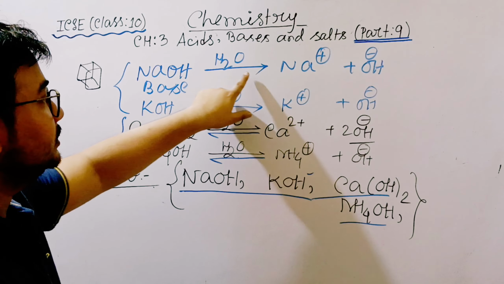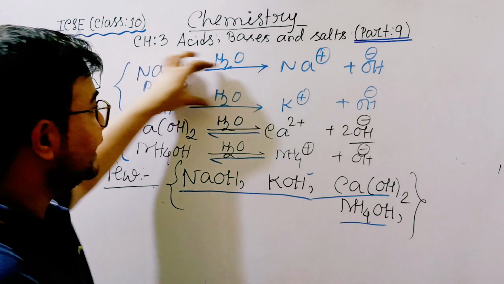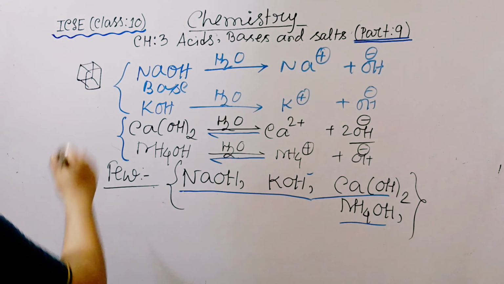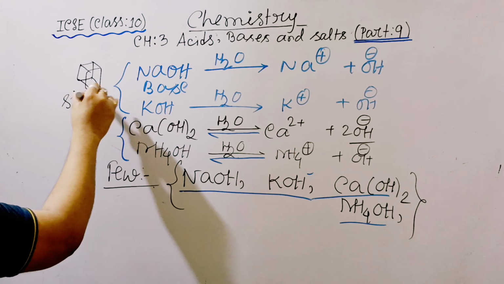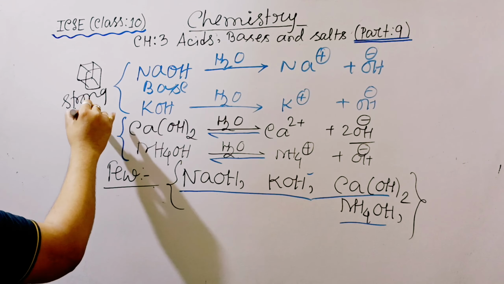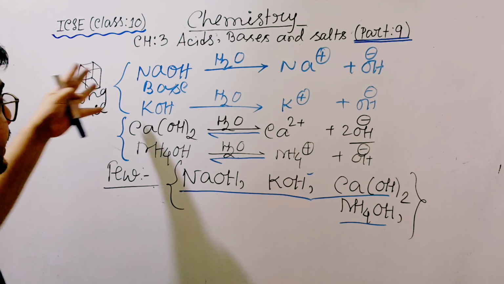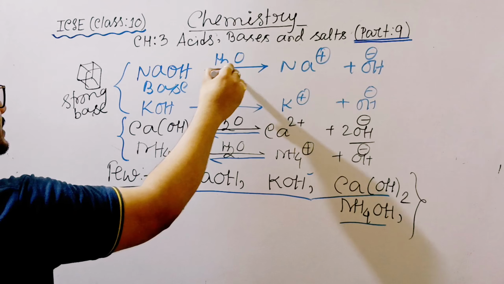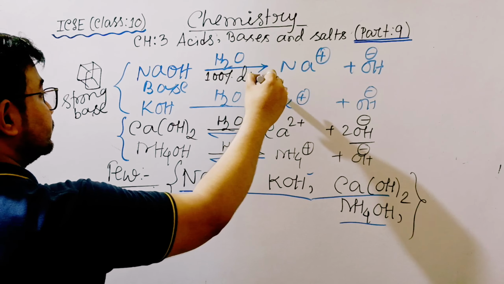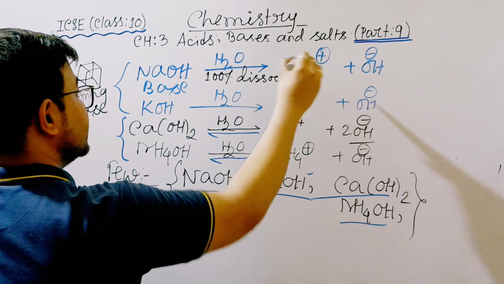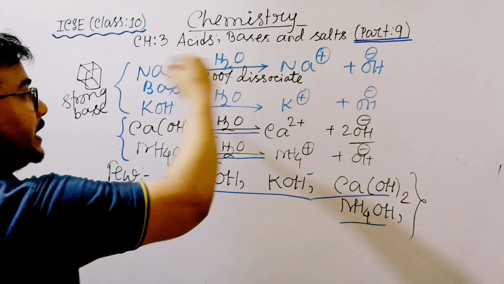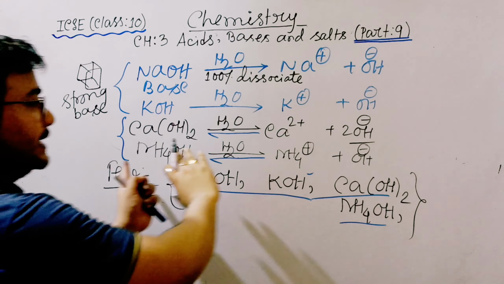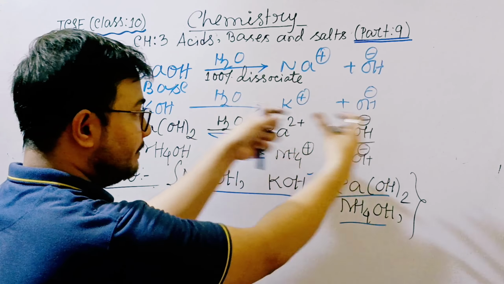So if we use a single arrow, only cleavage, it is called a strong base. Why? Because it only dissociates, more or less 100% dissociates.